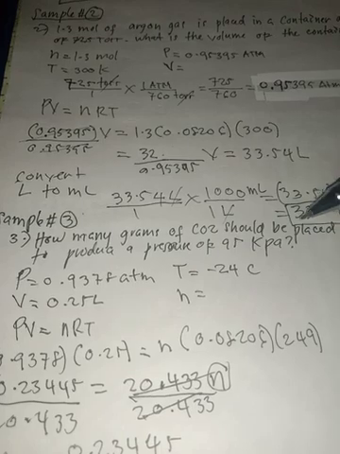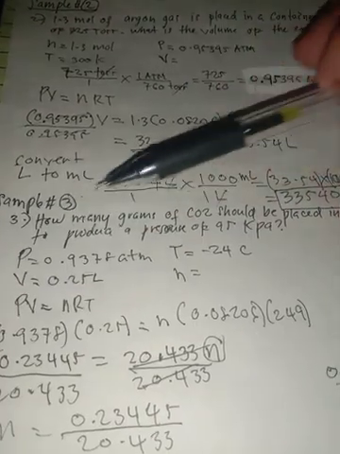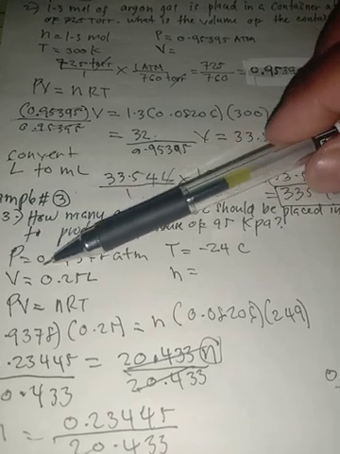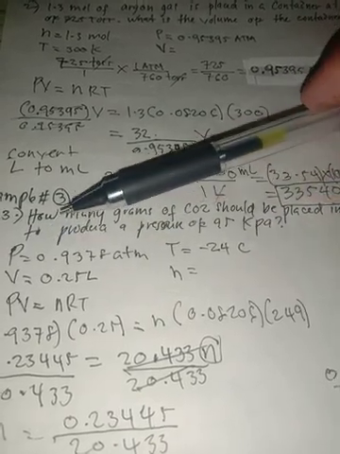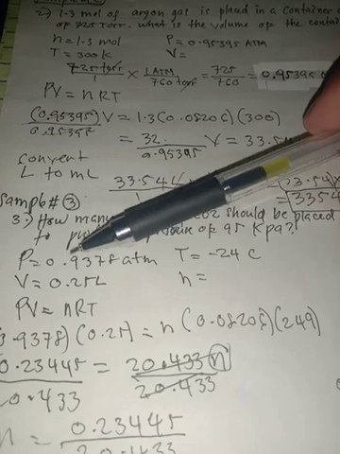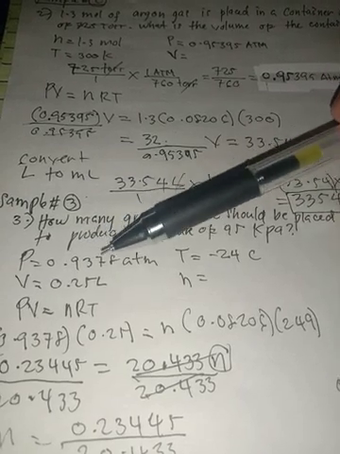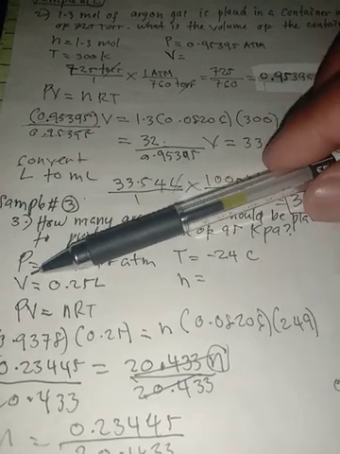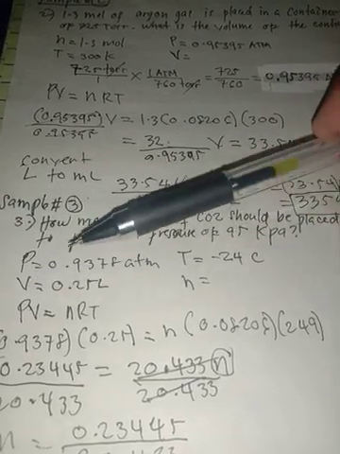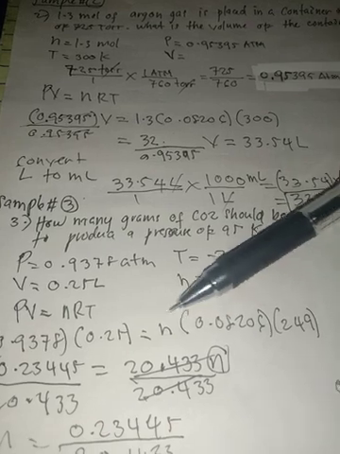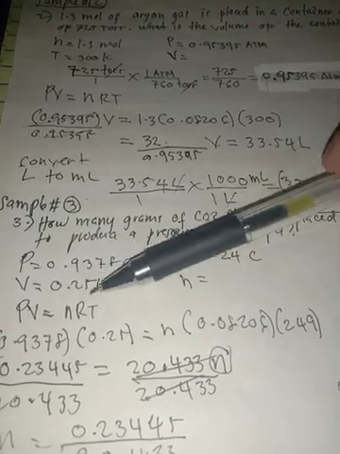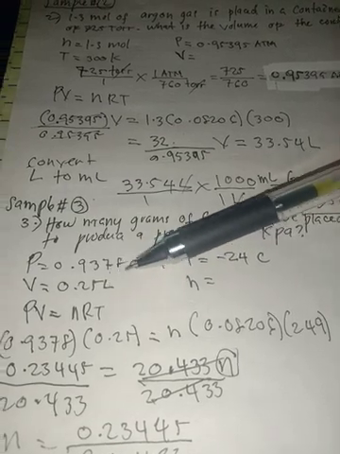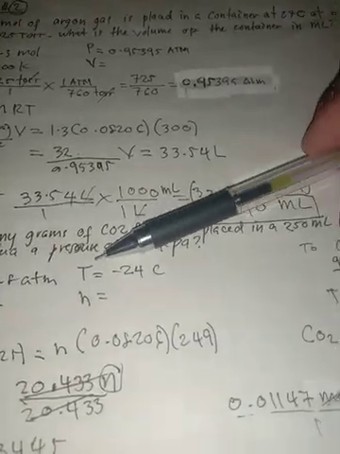So what we are going to do here is first write down the value of pressure, 0.9378 atm. V is our volume, so we write down 0.25 liter.